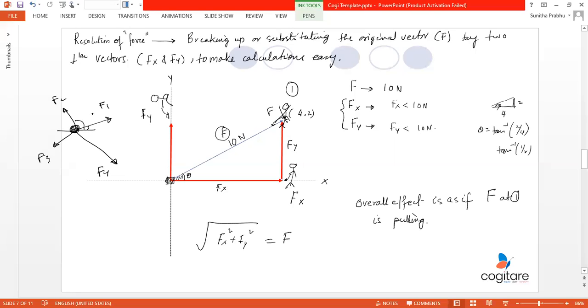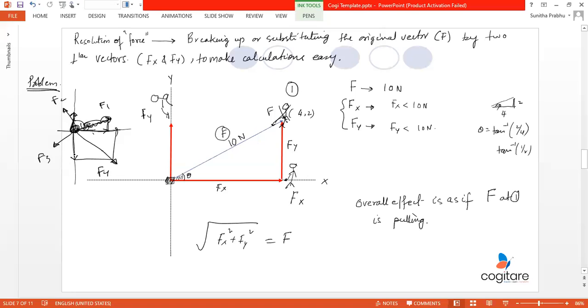Then this kind of problem can be simplified, made easy, if I break up this force into a force along the x-axis and a force along the y-axis, and I will draw the x-axis and y-axis. I have these two, F1x and F1y. Then I forget about this guy, I have replaced him. Then I will take this guy. I will also get F4 along x, F4 along y.